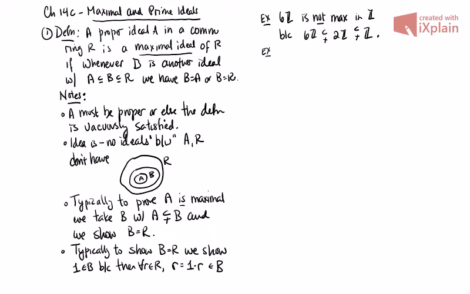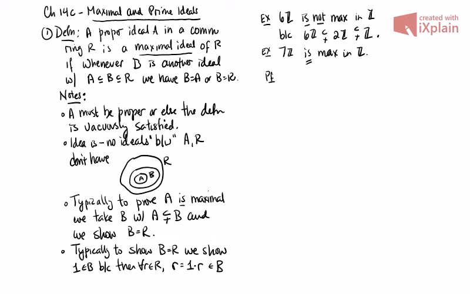So a second example is 7Z. Now you'll notice the 7 is prime and the 6 is not, and this is what is going to allow this. This first one is not maximal. Oh, sorry, this one, 7Z, is maximal in Z. To prove this, it takes a fact that's necessary from number theory.